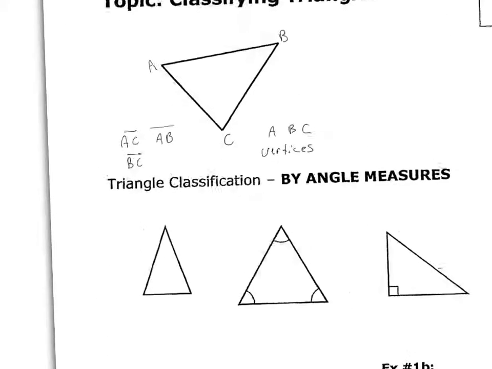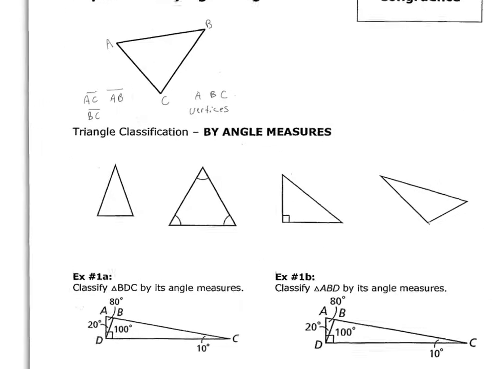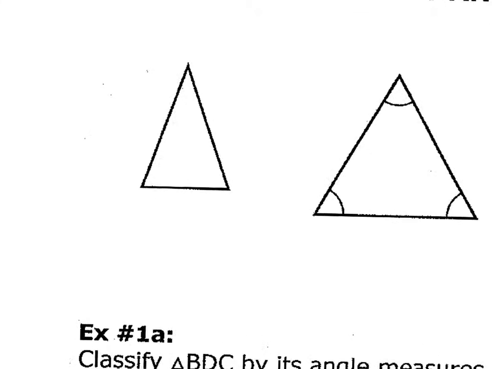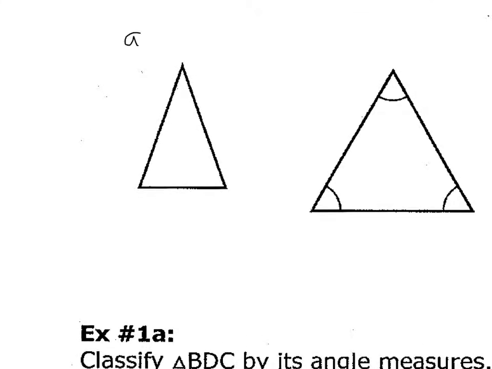Okay, so there are four different triangle classifications that you need to know about. The first one is called an acute triangle. An acute triangle is when you have three acute angles.